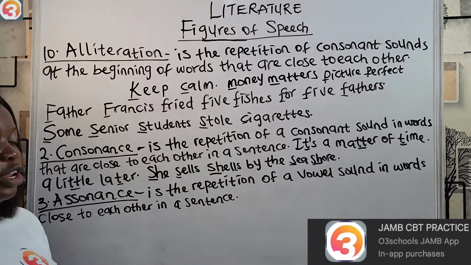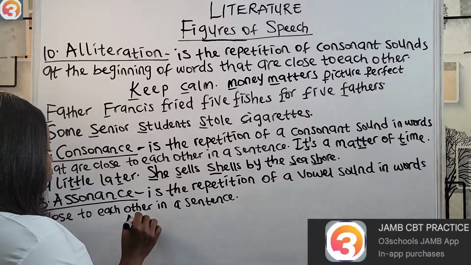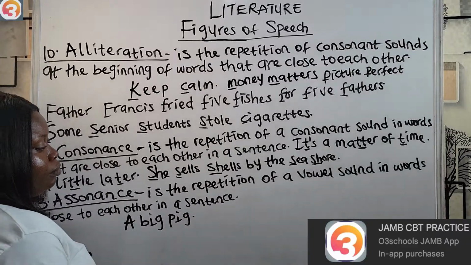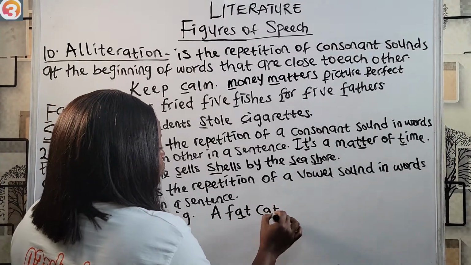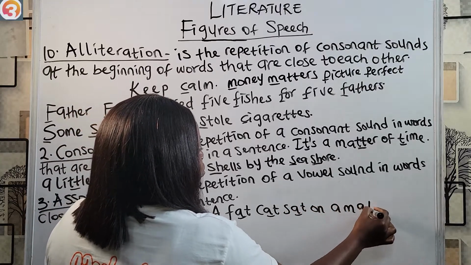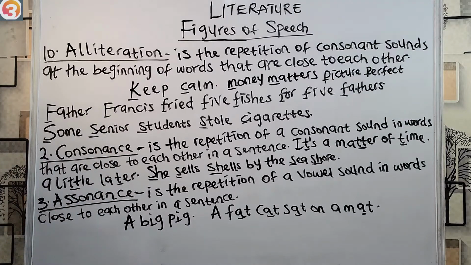Now, assonance is majorly found in our queen primer: a big pig. A fat cat sat on a mat. Our queen primer has lots of assonance.